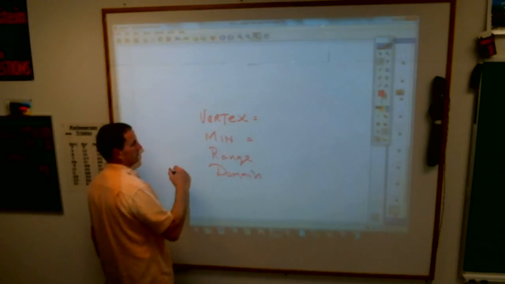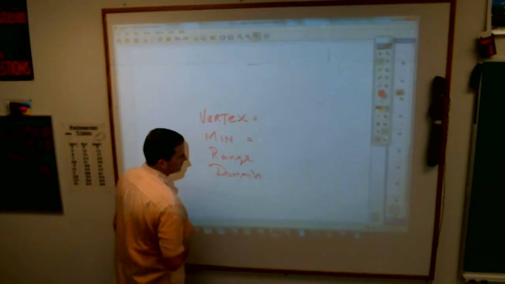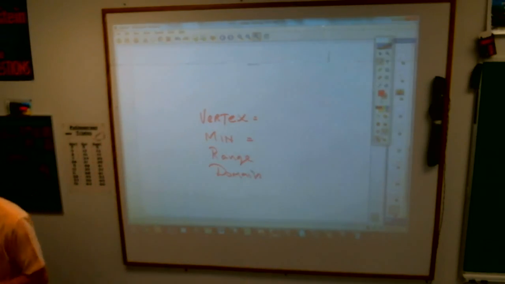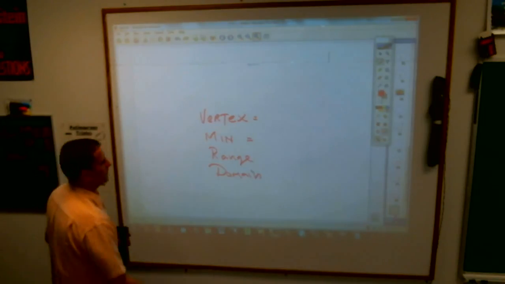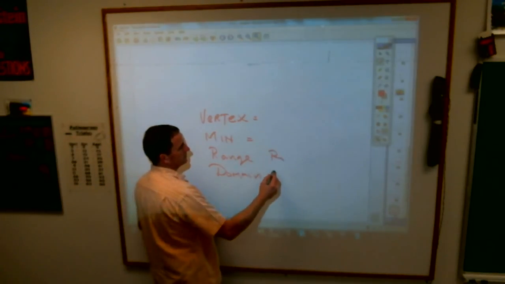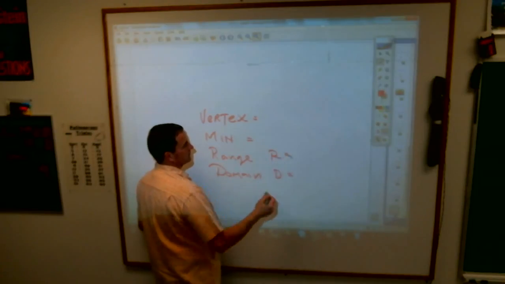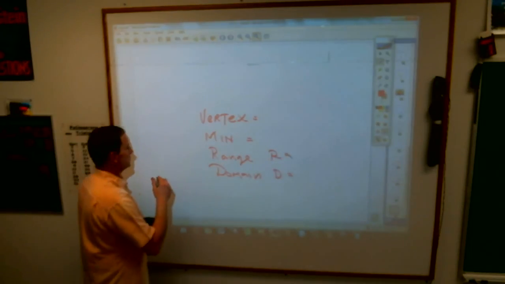Special bonus if you can give this both in interval notation and in the other notation. So letter D: the range equals, domain equals, and then interval notation.